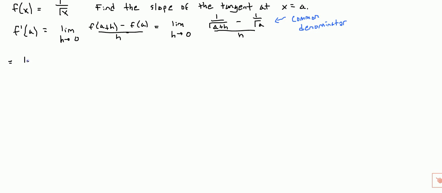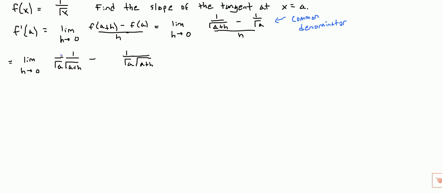Okay, so we have the limit as h approaches 0. Okay, I'm going to write the two terms that we have. Okay, so if we want a common denominator, then this is going to need a square root of a, and this is going to need a square root of a plus h, right?